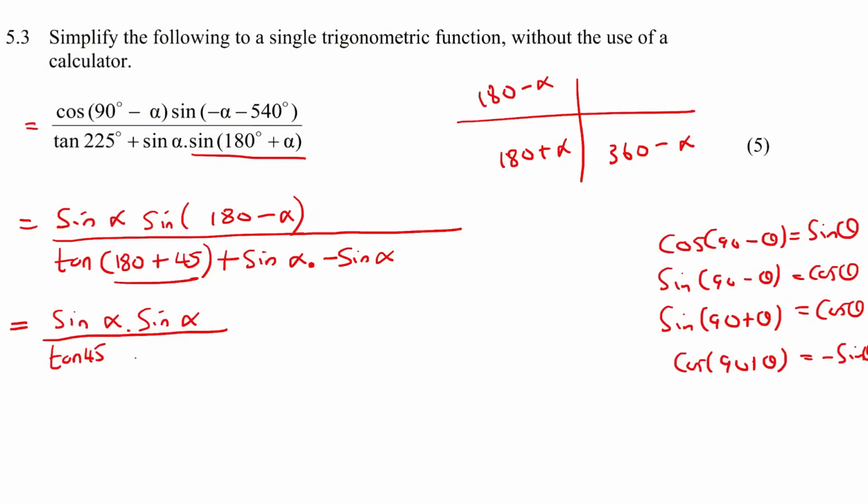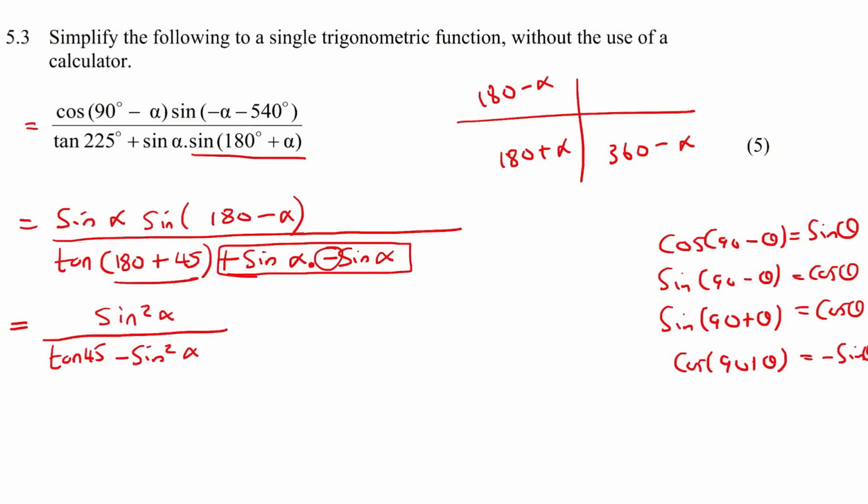And then these parts here are all going to become a negative because you've got a negative and a positive. And so this whole part here becomes negative. And then sin times sin is going to be sin squared alpha. And then these two are also going to be sin squared alpha.